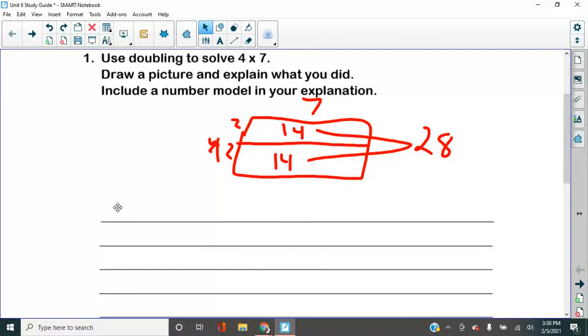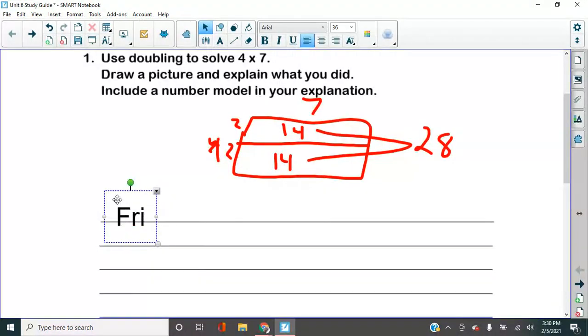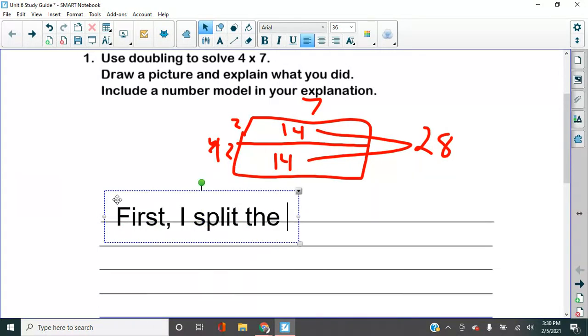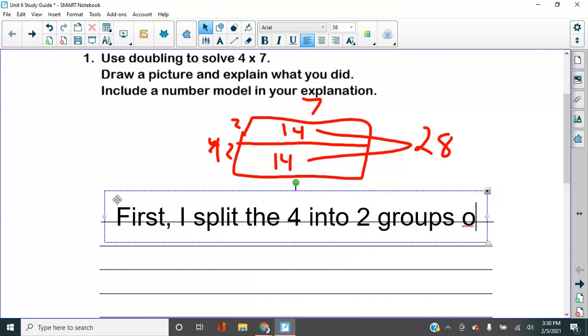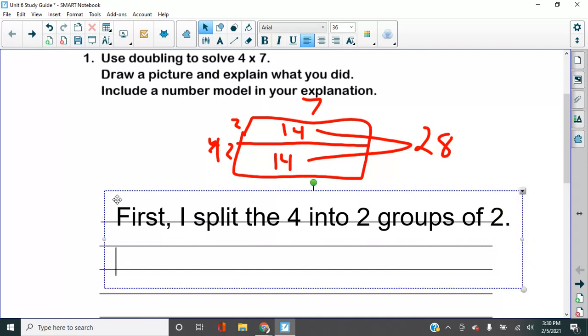So when we're asked to explain, we need to use those sequence words. First, I split the 4 into 2 groups of 2, right? Sequence words.